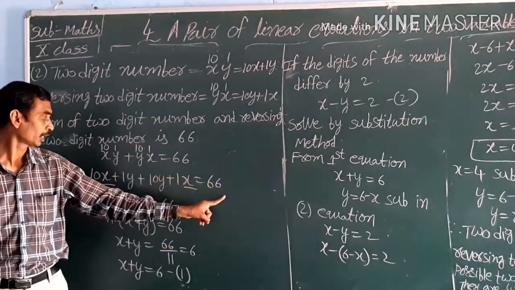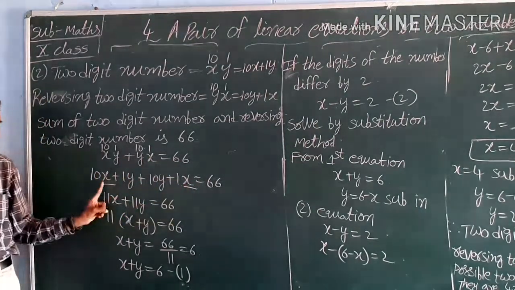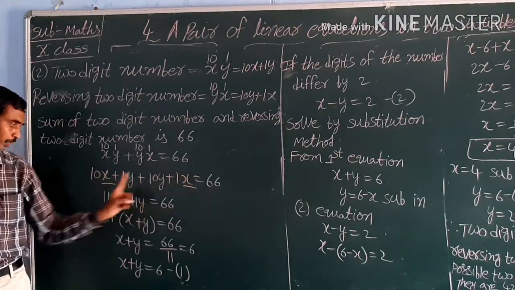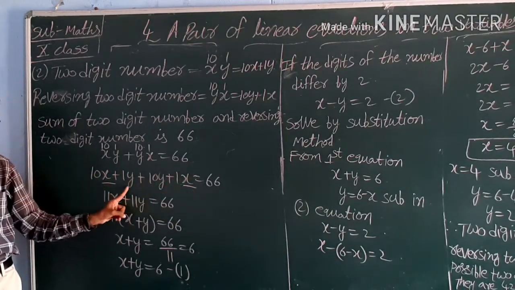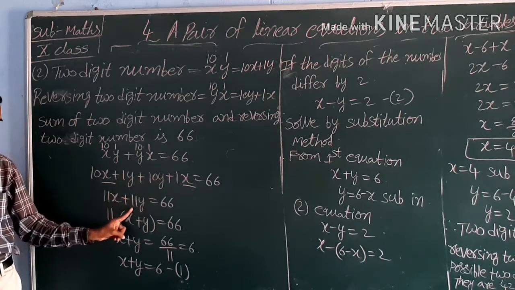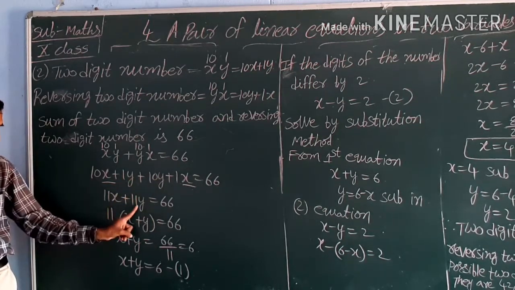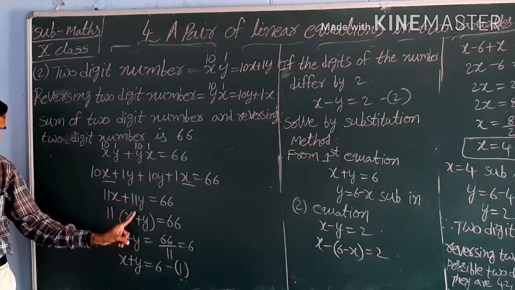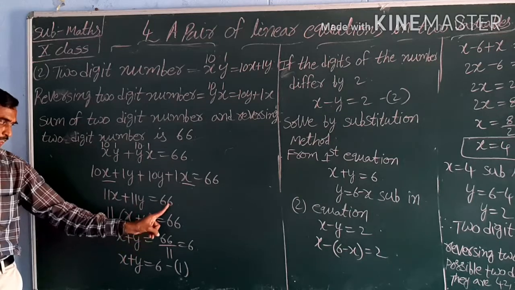Now we can add the like terms. x is like term. 10x plus 1x, 10 plus 1, 11x. And y is like terms. 10 plus 1, 11y. Here 11 is the common. We can take 11 common. Here remaining x plus remaining y is equal to 66.